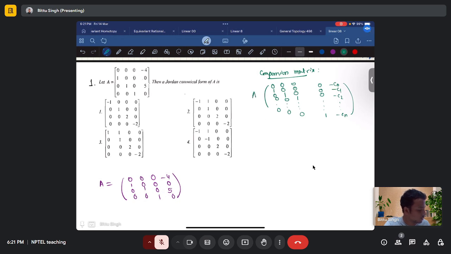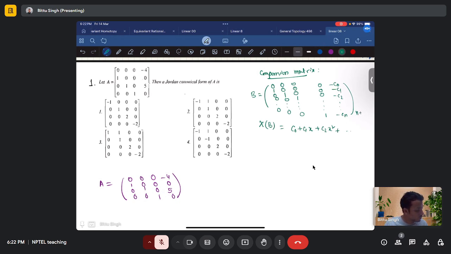If we take this matrix and give it another name B, then the characteristic polynomial of this B takes this form: C0 plus C1 x plus C2 x square up to Cn x to the power n.